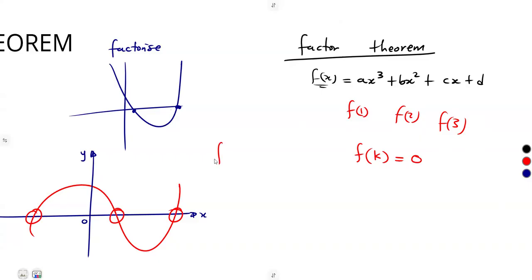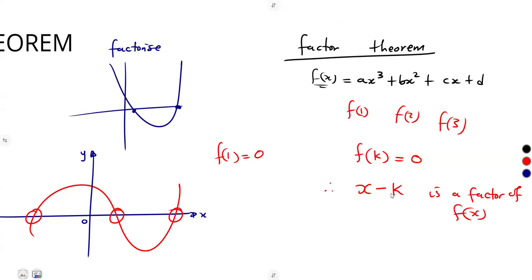F of 1 gives you a 0. Once this happens, that a certain value that you substitute and you obtain a 0, it then follows that x minus that value that you substituted is a factor of f of x.